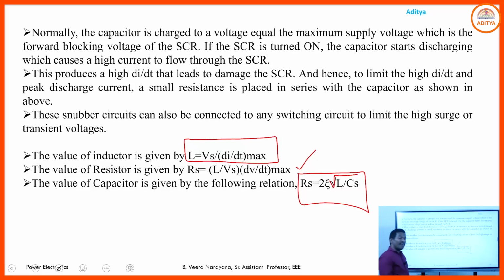These are the fundamental formulas which you should remember, and they are very useful in solving problems on Snubber circuit parameters. L is equal to Vs divided by di by dt maximum, the value of the resistor Rs is equal to Vs divided by dV by dt maximum, and the value of the capacitor should be found by using the relation Rs is equal to 2 zeta into root of L by Cs.